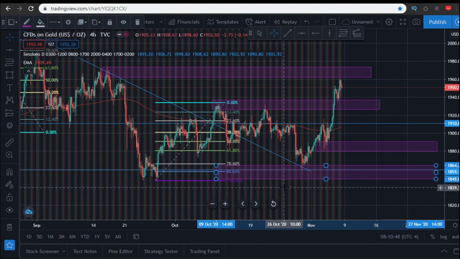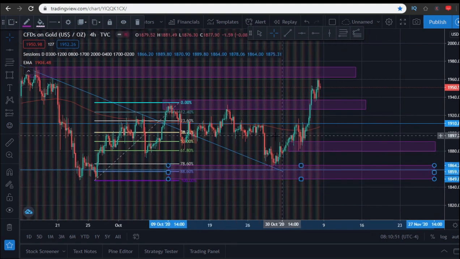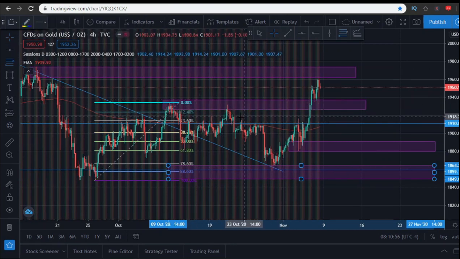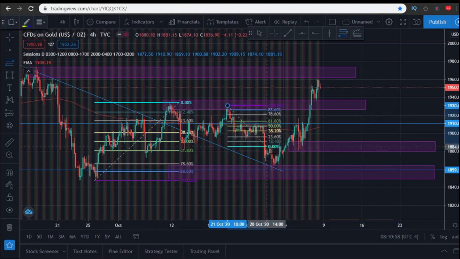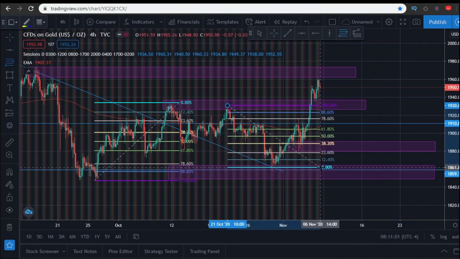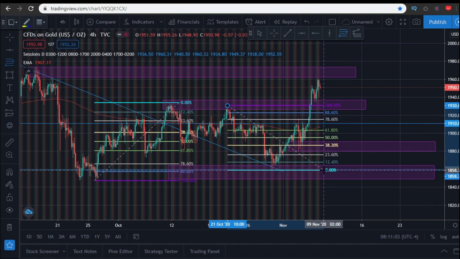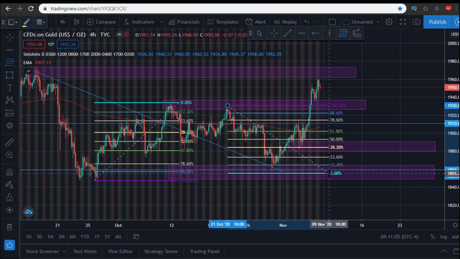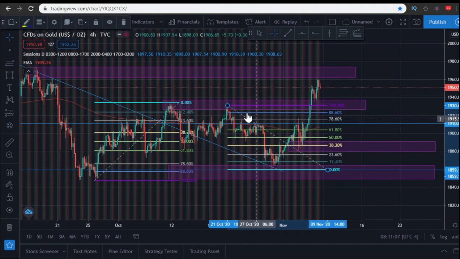Alright. Yeah, so these are my zones, and what it's telling me is, should I do a fib retracement, for example, from this swing high to that swing low right there? What it's saying is, should I take a buy?